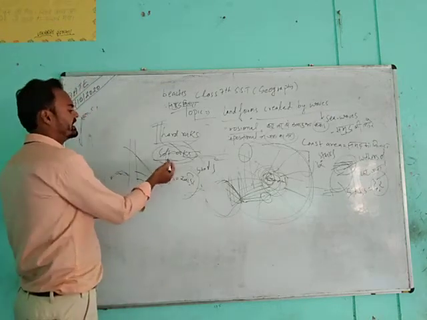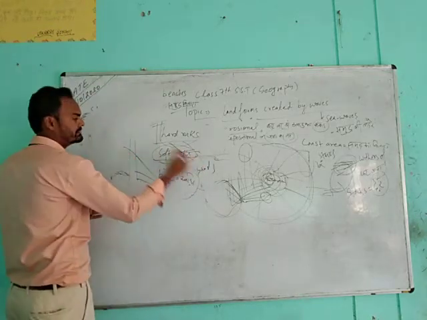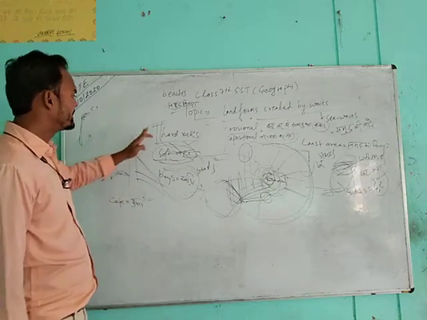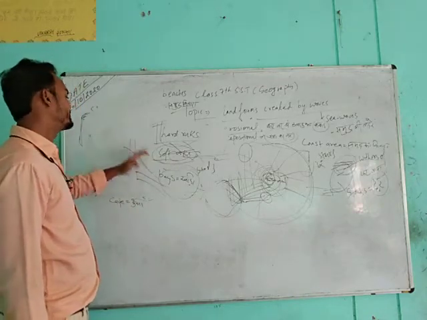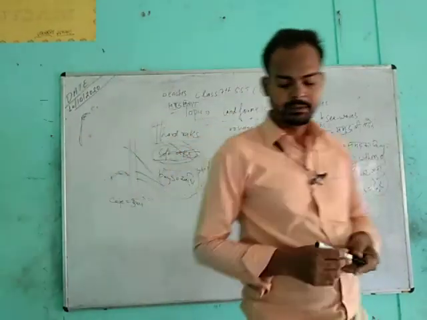After erosion of the soft rocks, this khari bay is formed. So hard rocks remain there, and the soft rocks leave from there and make a bay.